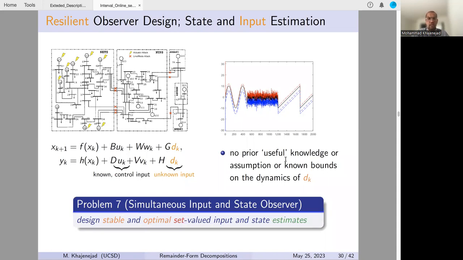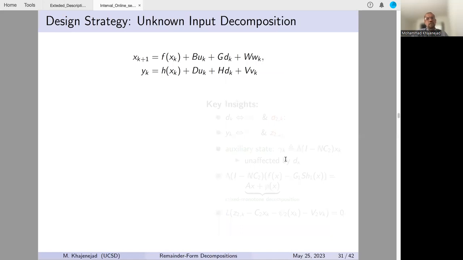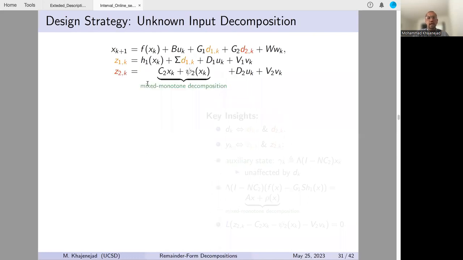So the main idea is first to apply some singular value decomposition to decompose our observations into two components, Z1 and Z2. It is always doable, such that one of these components, this Z2, is not affected by the unknown inputs.